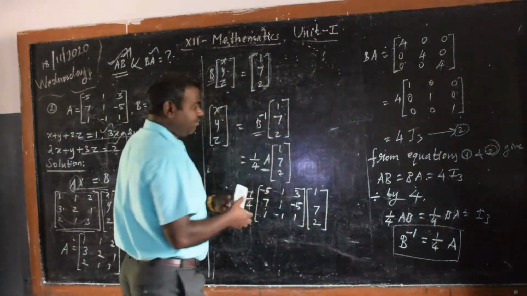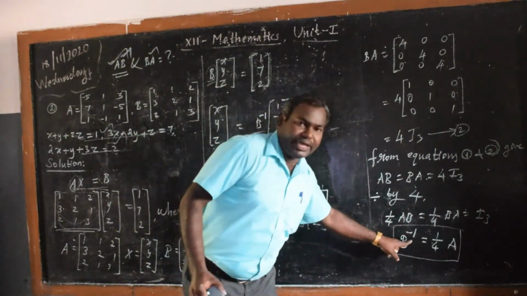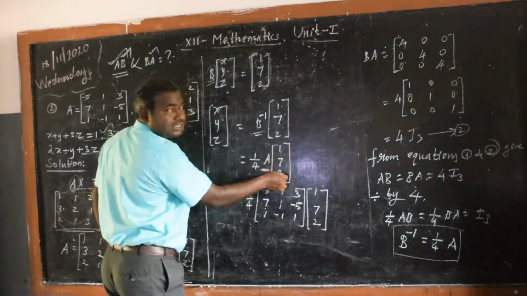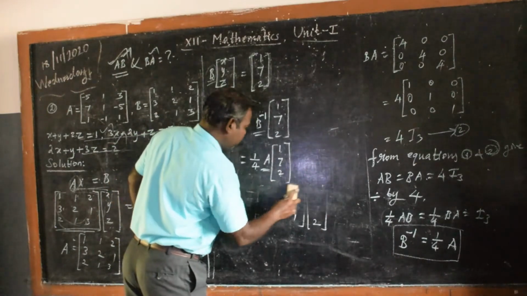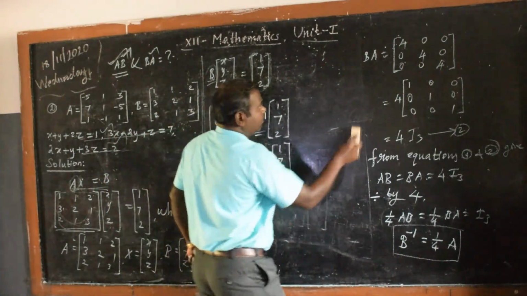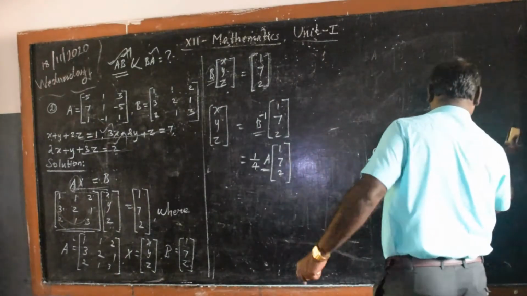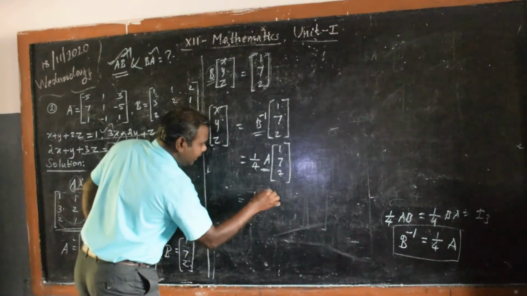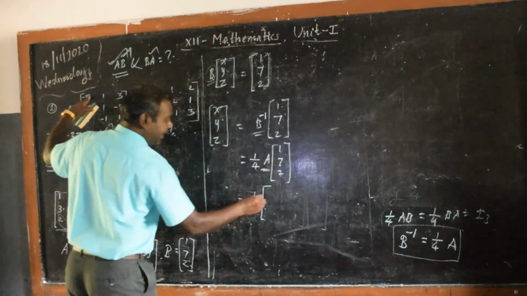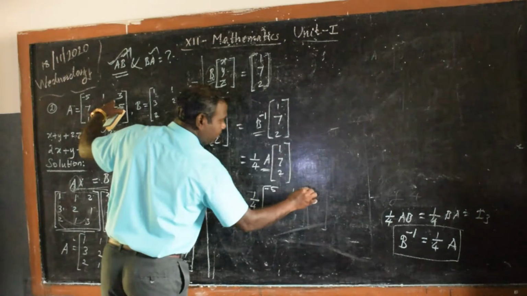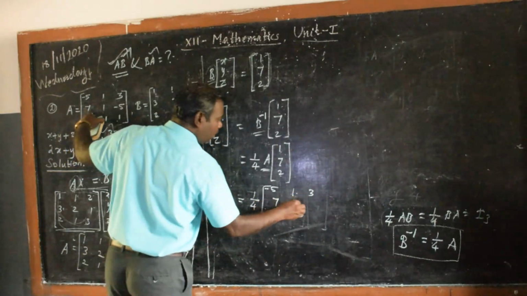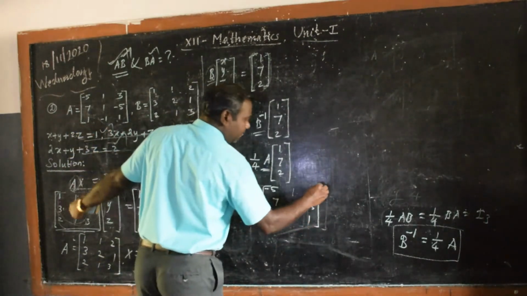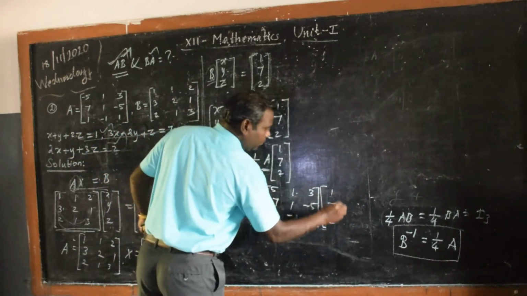B inverse equal to 1 by 4 into A. So equal to 1 by 4 into A matrix, [minus 5, 1, 3; 7, 1, minus 5; 1, minus 1, 1] into 1, 7, 2.